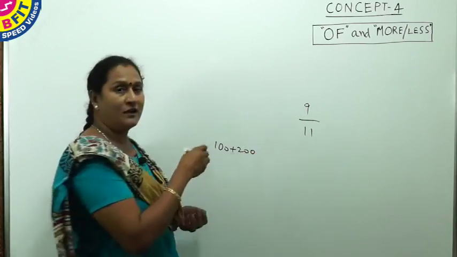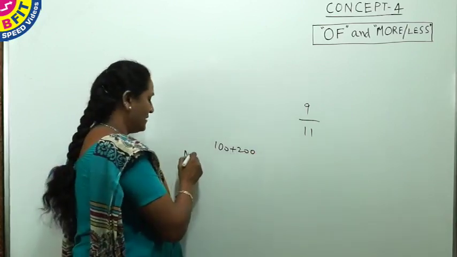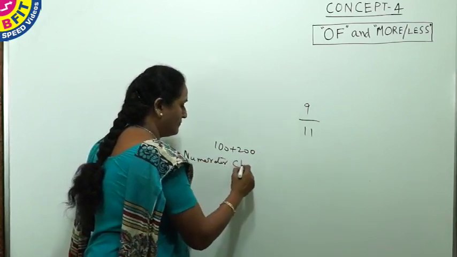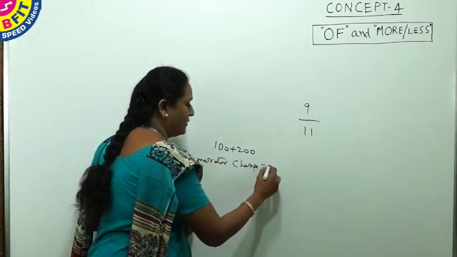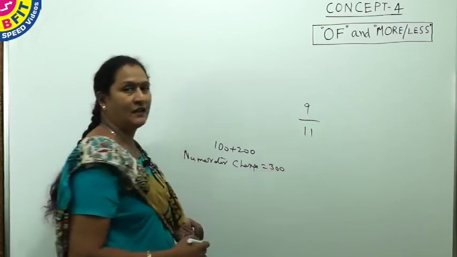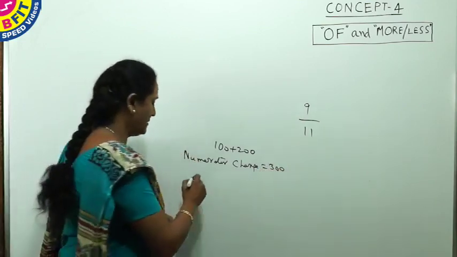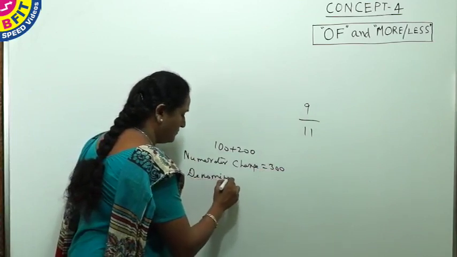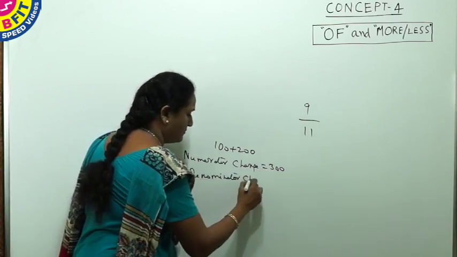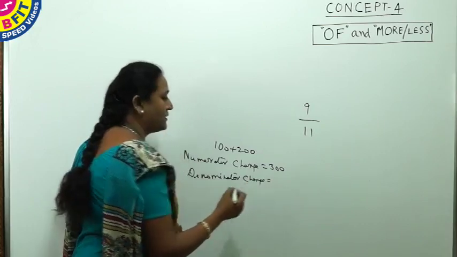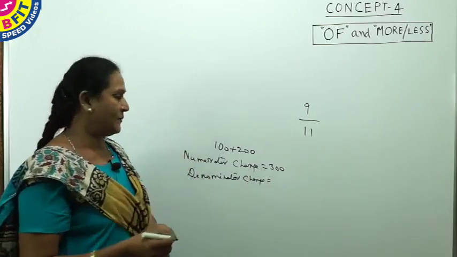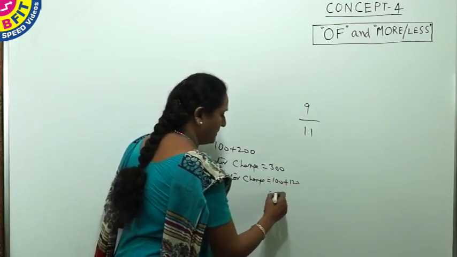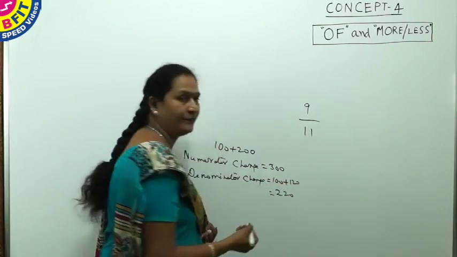So add 200 with 100. So numerator change equals 300. And what will be the denominator change? The denominator is also increased by 120%. So adding 120 with 100, the denominator changes to 220.